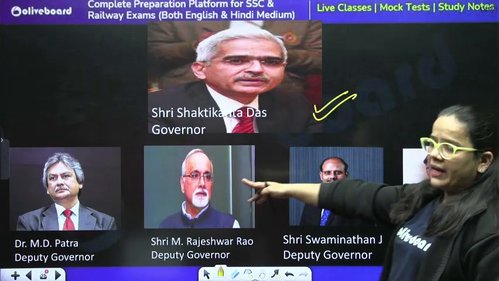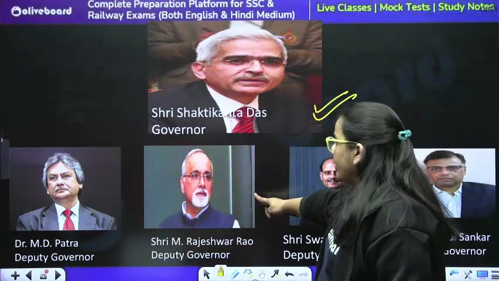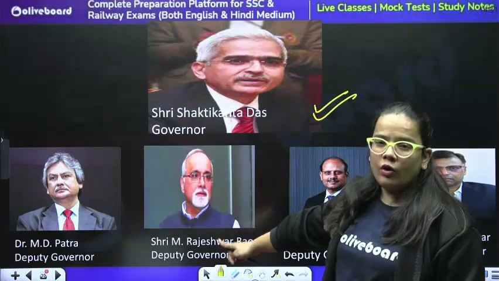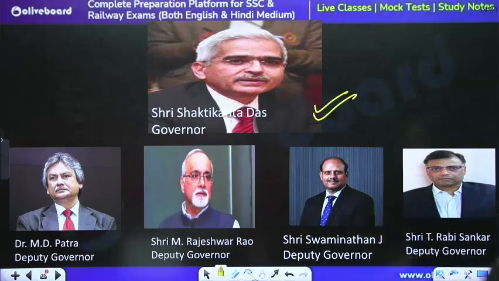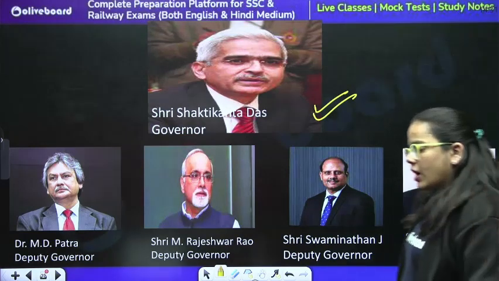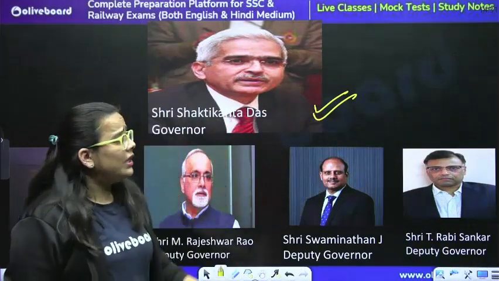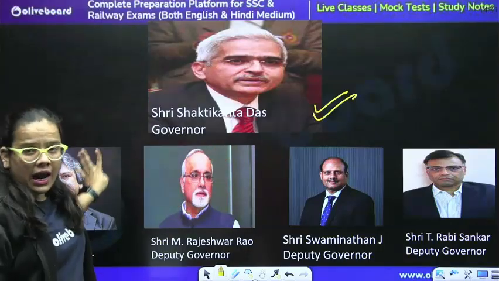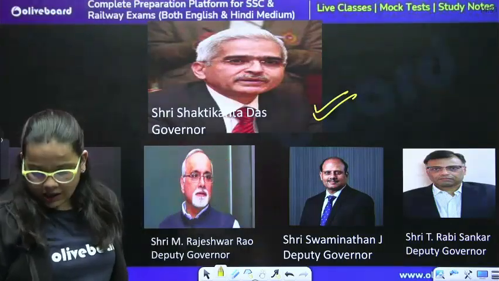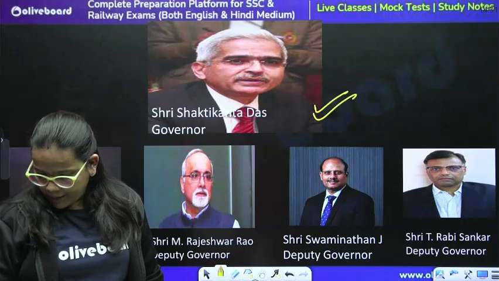Dr. M.D. Patra is a deputy governor. Shri M. Rajeshwar Rao is a deputy governor. Shri Swaminathan J, deputy governor, and T. Ravi Shankar, deputy governor. So, as we already know, the RBI's main structure consists of 1 governor and these 4 deputy governors. Clear, everyone?